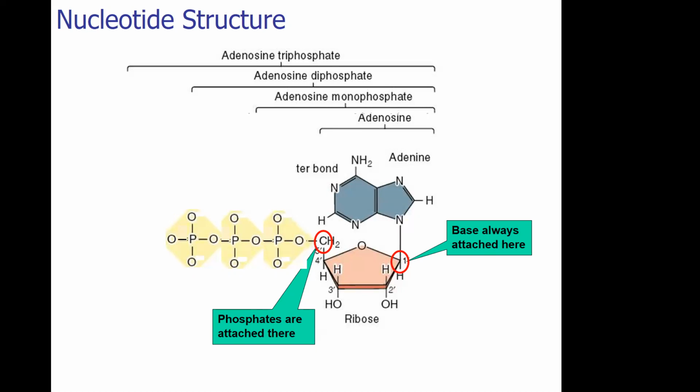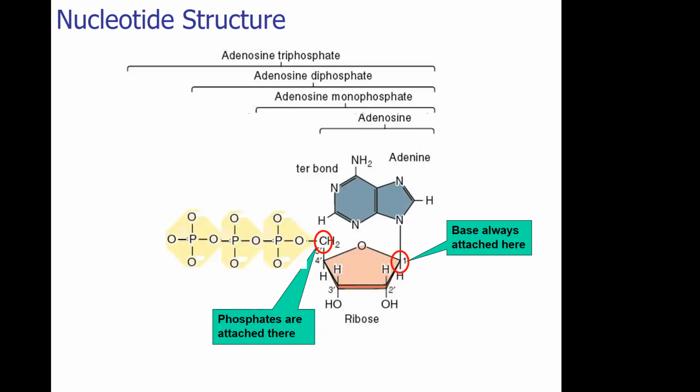So 1 starts at this bottom. These were numbered 1, 2, 3, 4, 5. So if you say a number, now you don't know, did I mean number 1 from the sugar or number 1 from the base? So they added a prime. We just love these little prime things. So that becomes 1 prime, 2 prime, 3 prime, 4 prime, 5 prime. So the sugar is the prime number and the base just has the regular number.